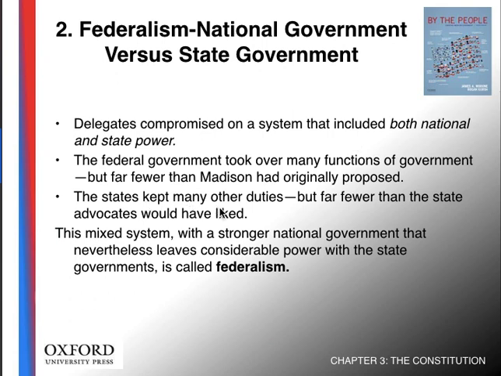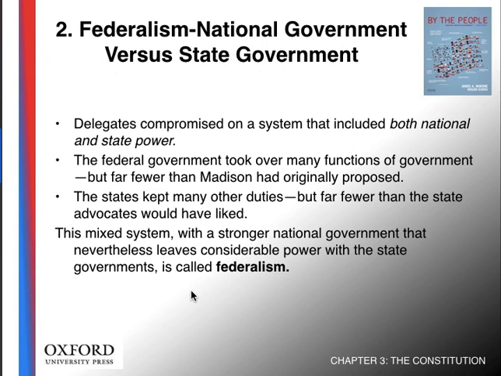The state governments kept many of their duties, but as far as state advocates, they felt it wasn't enough. But the system that they came up with is a mixed system with a strong national government that nevertheless leaves considerable power to the state governments. This is called federalism, and our next lecture will be on federalism.